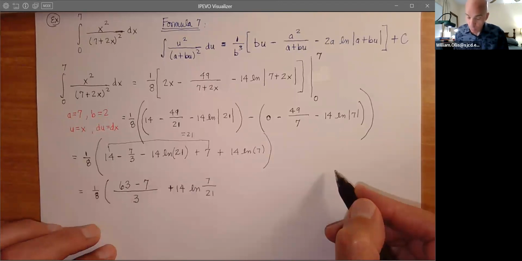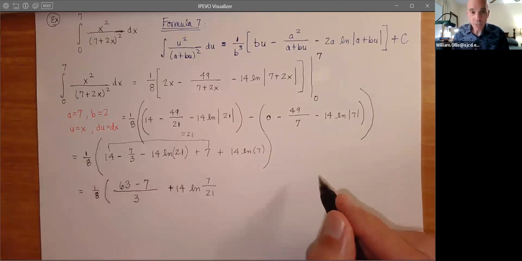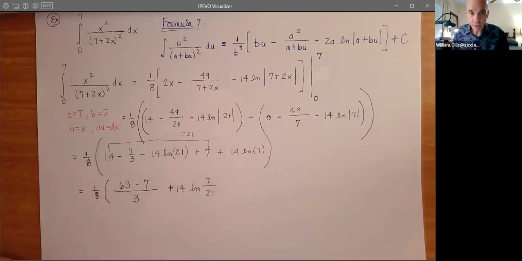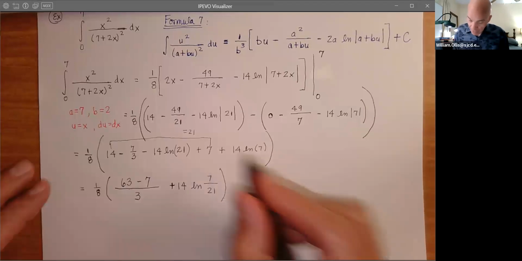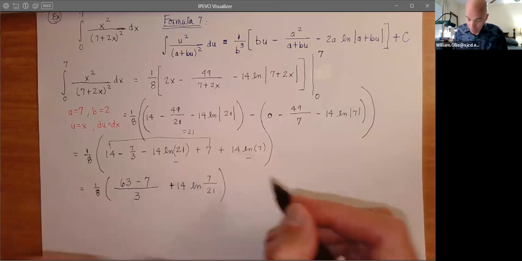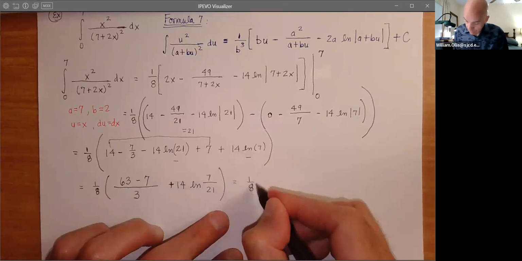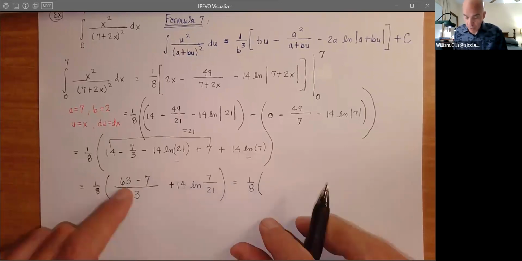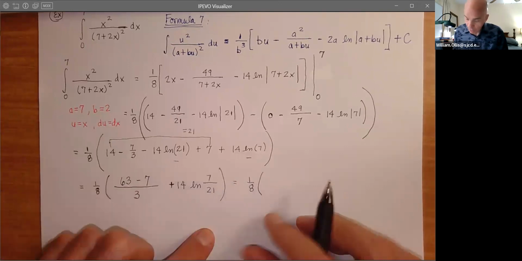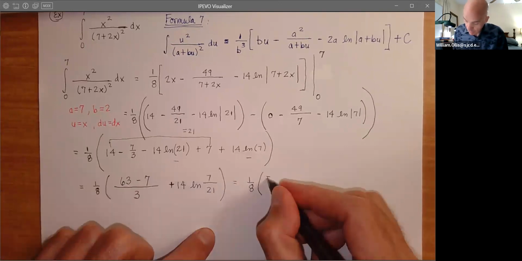Again, factoring the 14. Of course, if the 14 weren't in front of both of them, we couldn't do that. We know there are plenty of restrictions here. And that takes care of this and this. So this will give us 1/8. And then, of course, the 7 from the 63, that'll give us a 56.